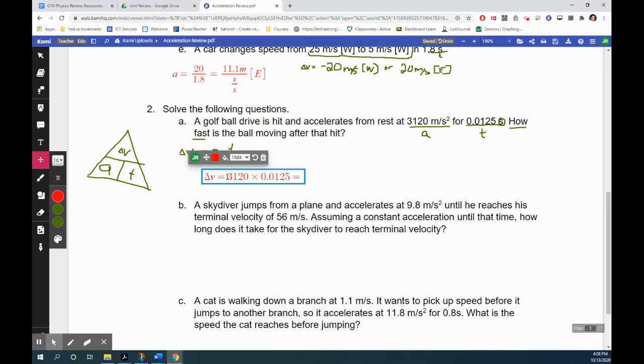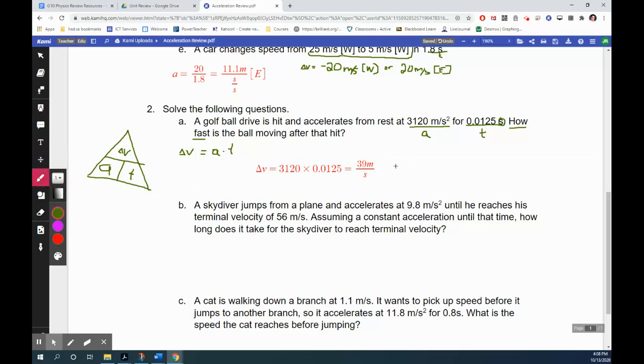We get 3120 times 0.0125, 39 meters per second. There's our speed, there's our answer. Okay, so after that much time getting hit with that acceleration, that's what the ball's going to do.